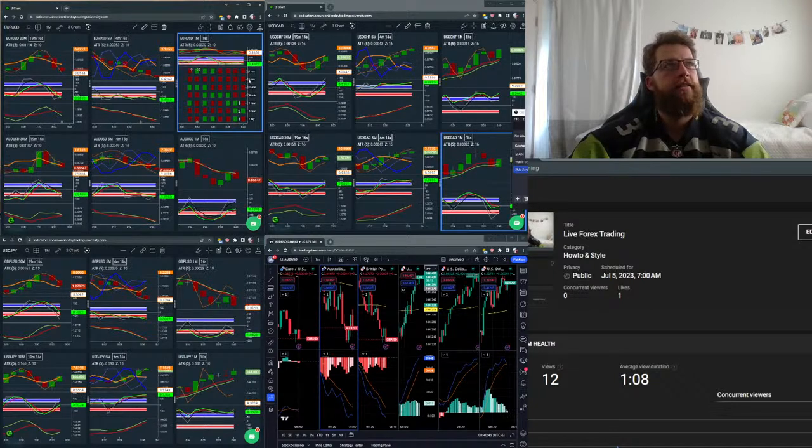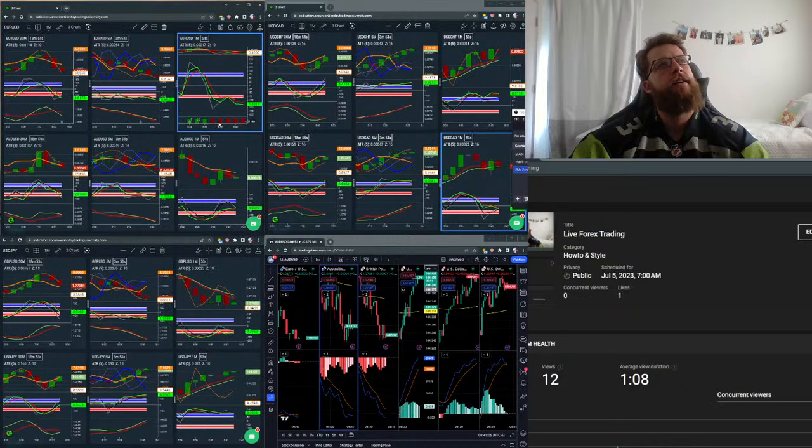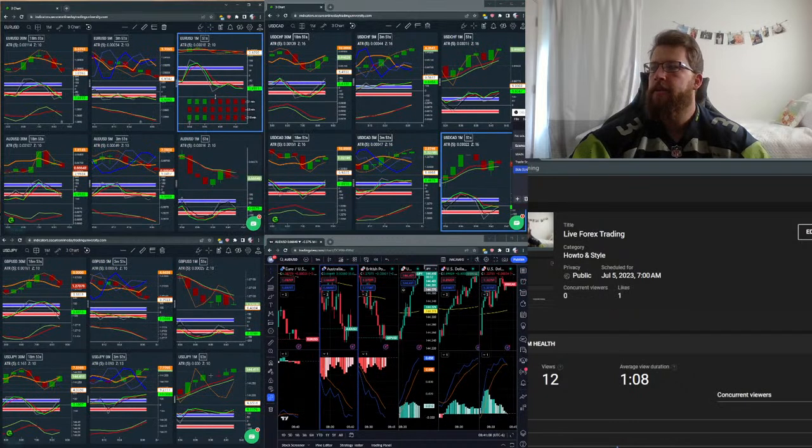I think it's pretty easy to tell that within the last hour the market's been trending pretty strongly down just by looking at this, without even looking at the chart. So that's something I could possibly implement in the future.